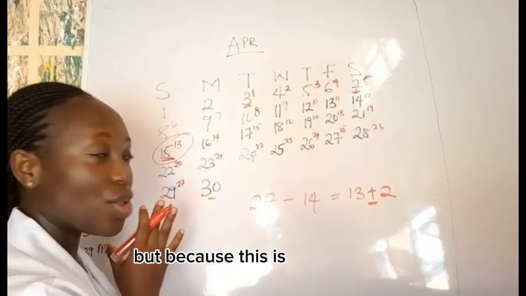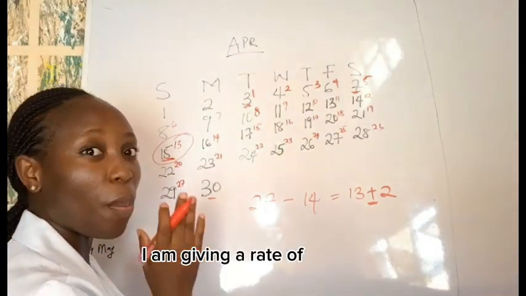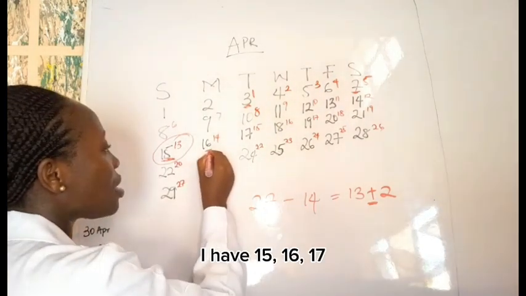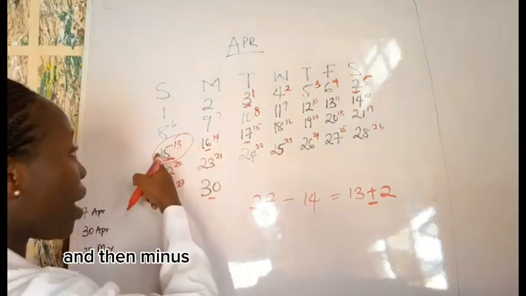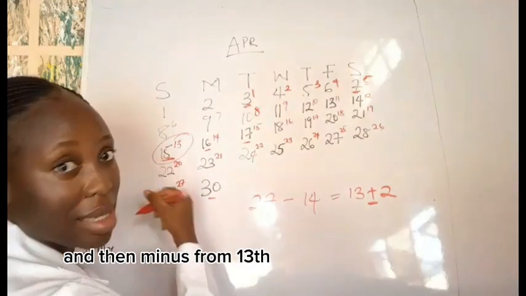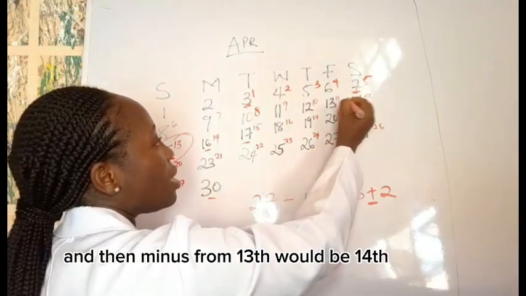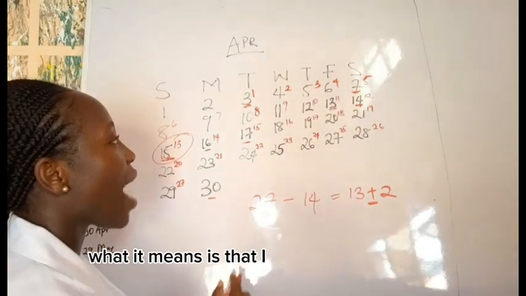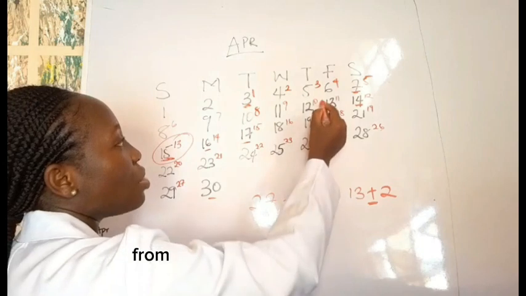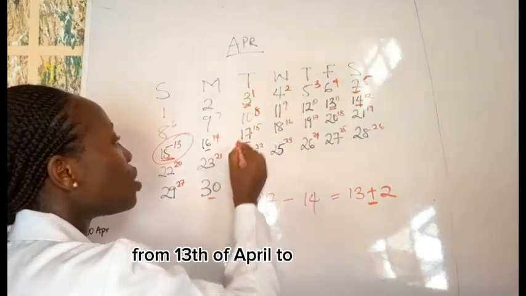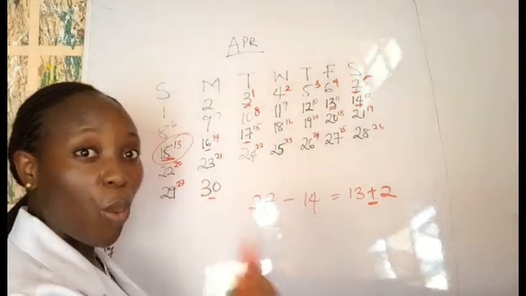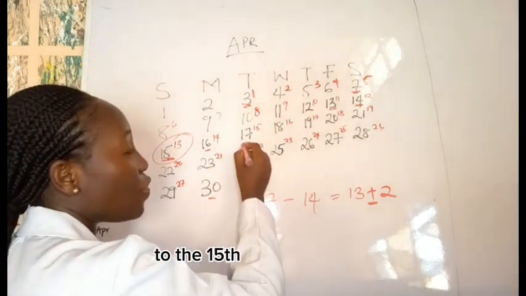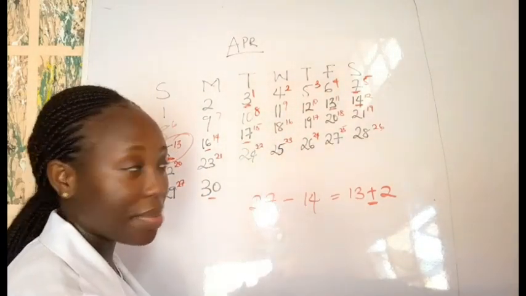But because this is not accurate and we're giving a range of plus or minus 2, I have 15, 16, 17, and then minus from 13 would be 14 and 13. So what it means is that I could ovulate from the 13th of April to the 17th of April, which is also the 11th day of my cycle to the 15th day of my cycle.